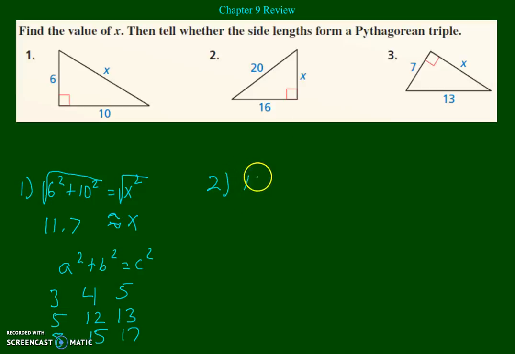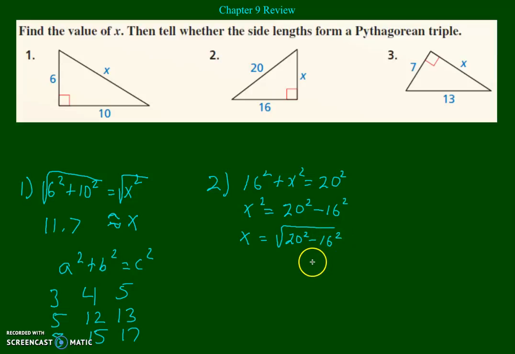16 squared plus x squared equals 20 squared, because 20 is the hypotenuse. Subtract 16 squared: x squared equals 20 squared minus 16 squared. Take the square root of both sides: x equals the square root of 20 squared minus 16 squared.